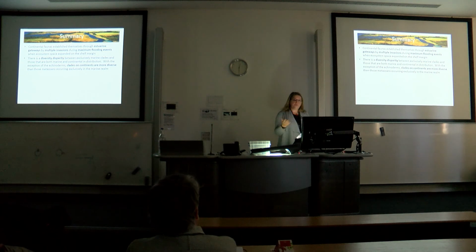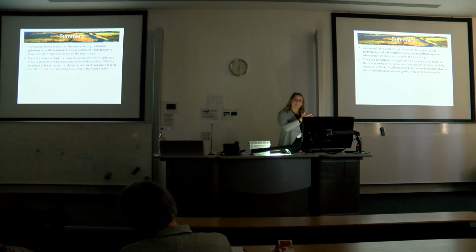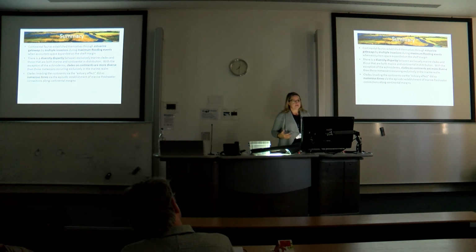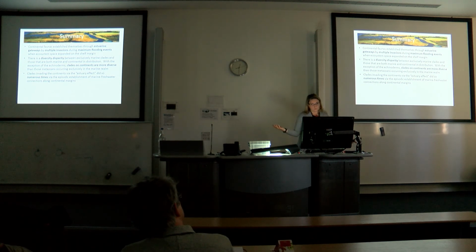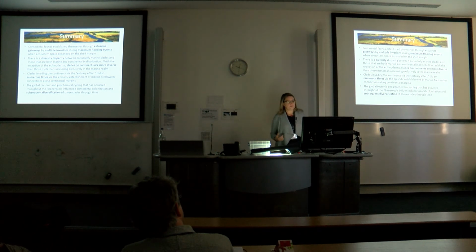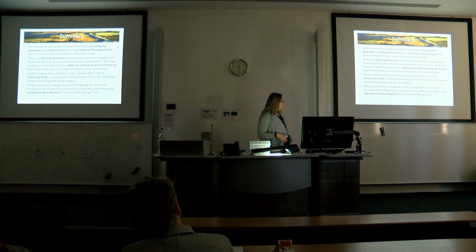We know that there's a diversity disparity between exclusively marine clades versus those that can adapt to continental settings, and that clades invading the continents did so by something we're coining the Estuary Effect, and did so numerous times, and that global tectonic and geochemical cycling throughout the Phanerozoic influenced continental colonization, and hopefully diversification. We'll be able to see this in further studies through time.